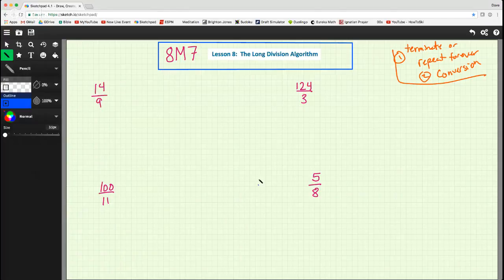So for this number here, the question is: is this going to terminate or repeat forever? Well, let's look. If we only have 2's and 5's in the prime factorization of the denominator, it will terminate. Well, 9 is 3 times 3, so this will repeat forever.